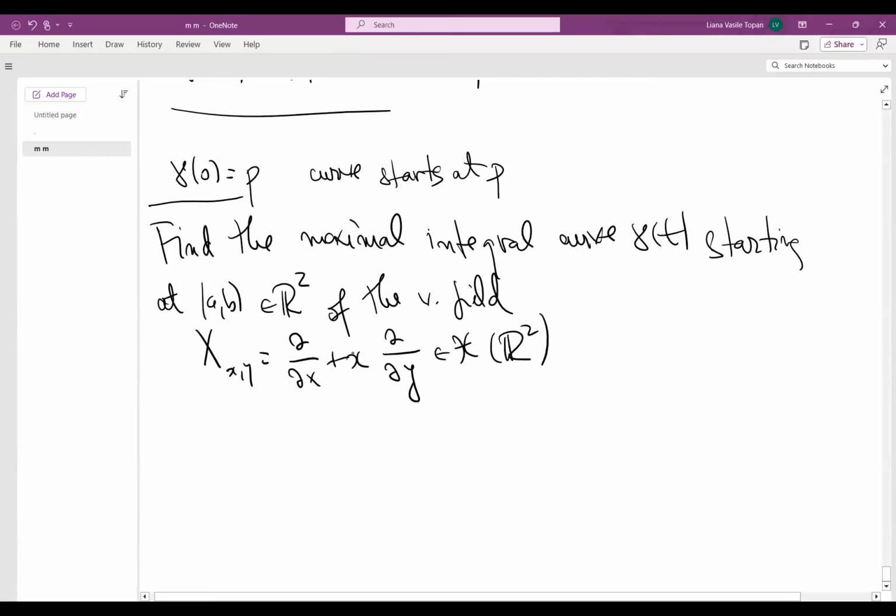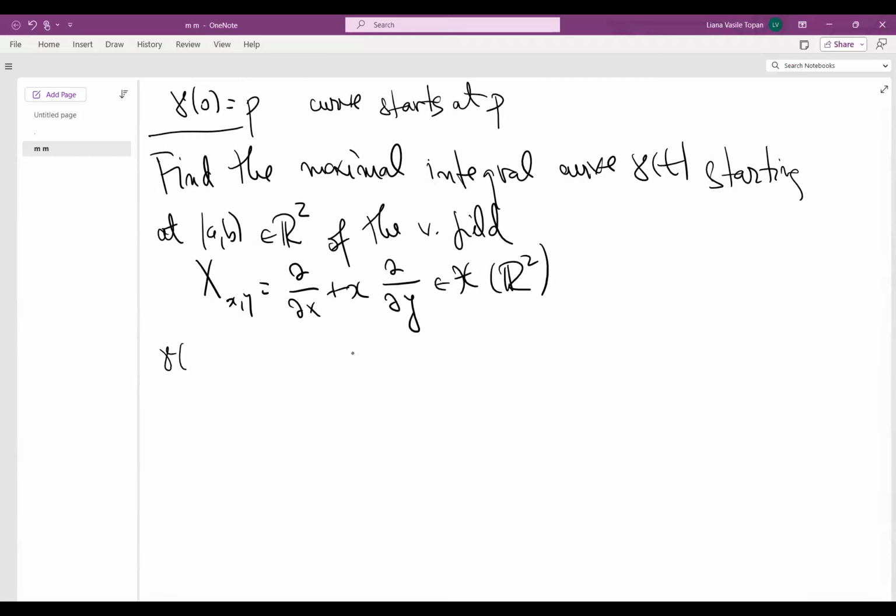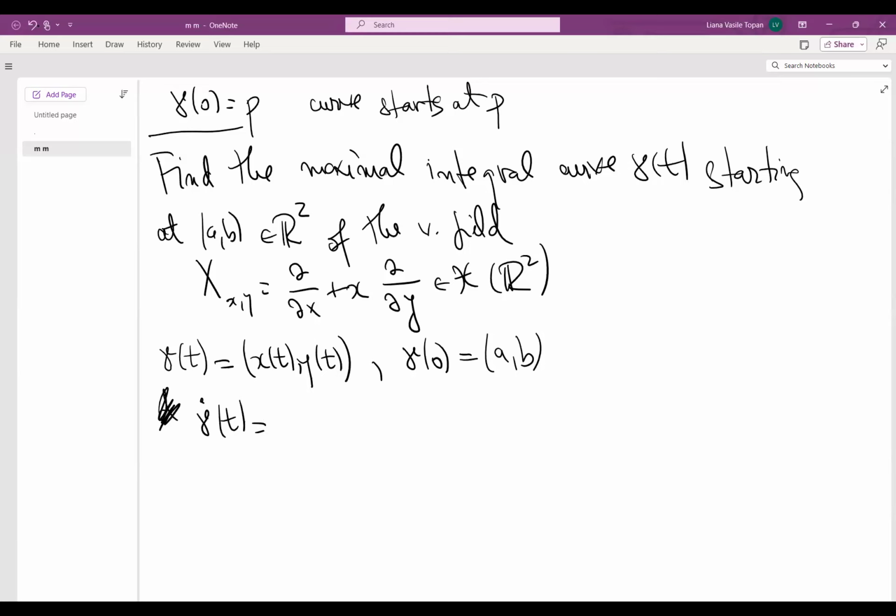So we look for gamma of t, which is of the form x of t, y of t, because it's on R squared, so two components, with the property that gamma of 0 equals (a, b), starting at the point (a, b). Now, what is gamma dot? I'm going to denote it like this, so you get used to all notations there. So gamma dot of t is simply x dot, y dot.